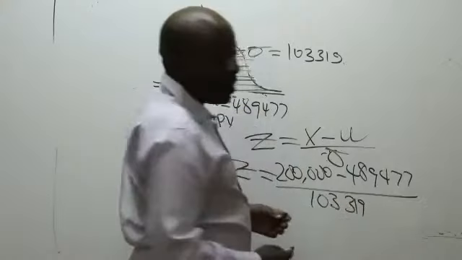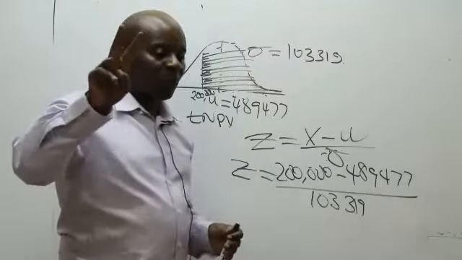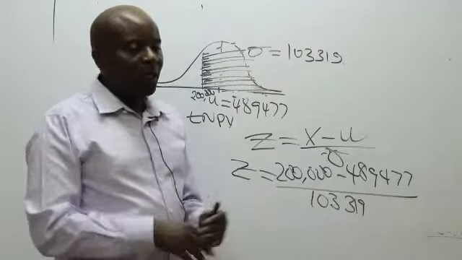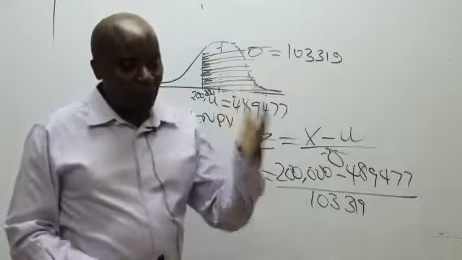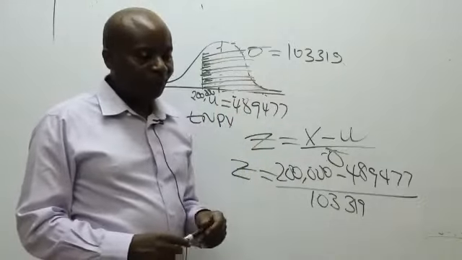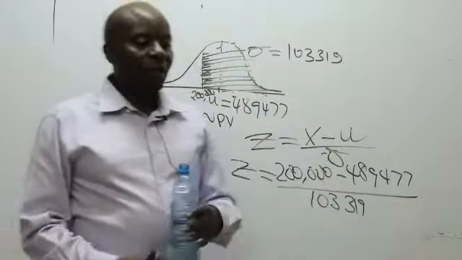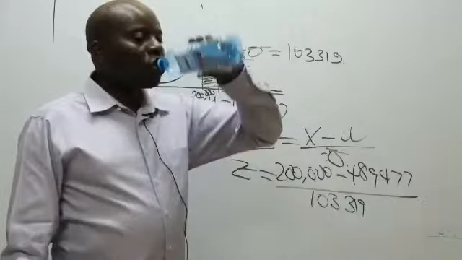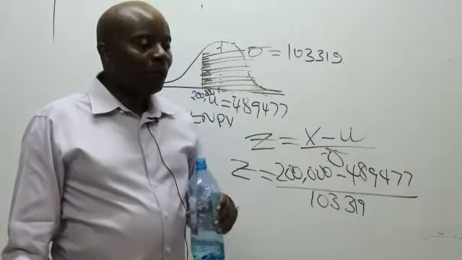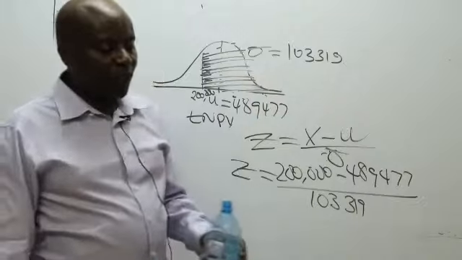Kindly give me this Z in 2 decimal places. What are we getting there, somebody? Karen says minus 2.80.